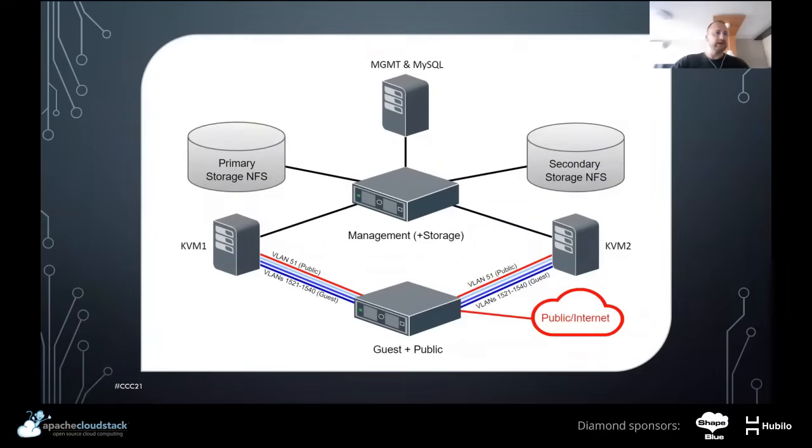How it actually looks in the background. So let me get my fancy laser pointer here with PowerPoint. We have 1, let's say, physical switch in our case, or it could be simply a group of ports on a single switch. It doesn't have to be 2 separate switches, but there is 1 VLAN or network which we call management network, to which all the components, all the servers are connected, including primary and secondary storage NFS.